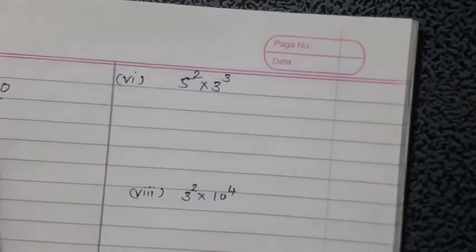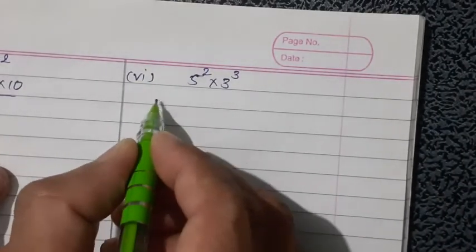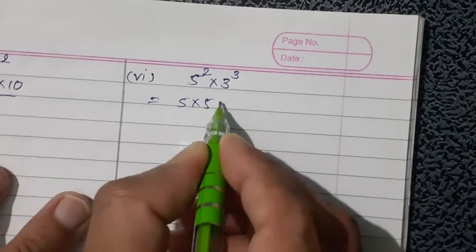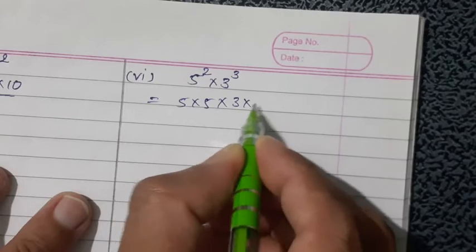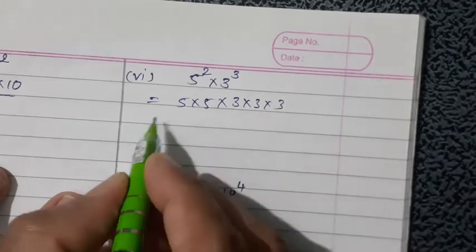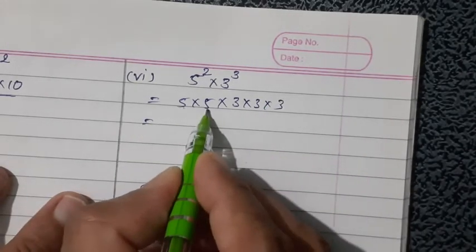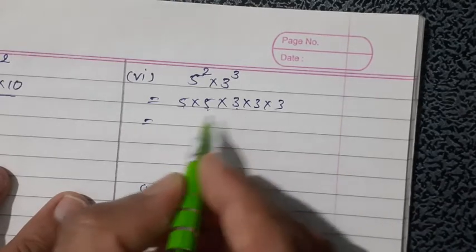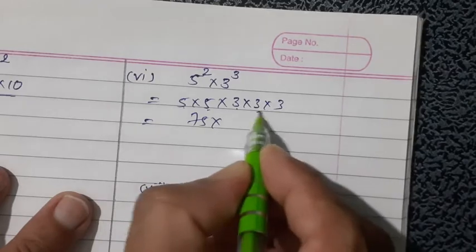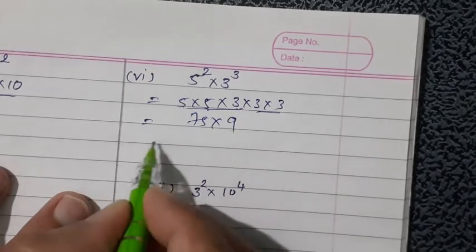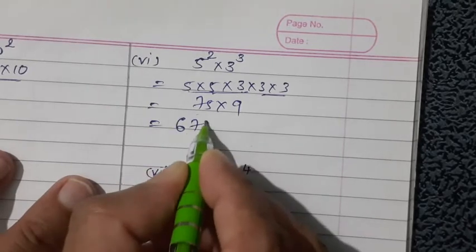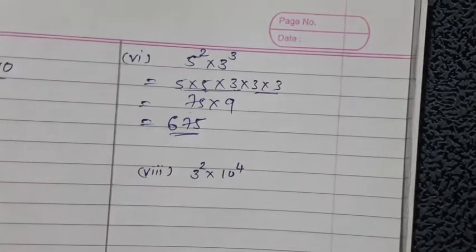Because multiplication of any number with 0, we get 0. 5 square 3 cube means 5 into 5, then 3 cube means 3 into 3 into 3. Look, 5 fives are 25, 25 threes are 75, into 3 threes are 9. And 75 into 9, that is 675. That's your answer.